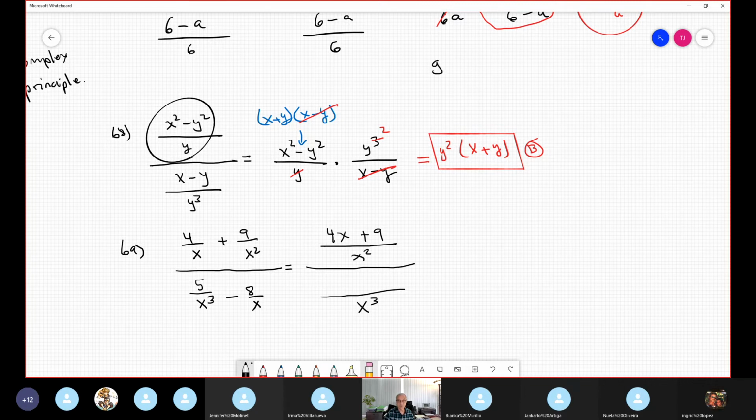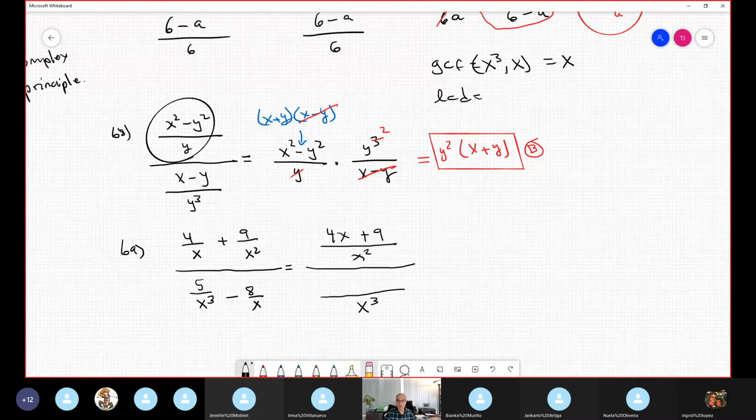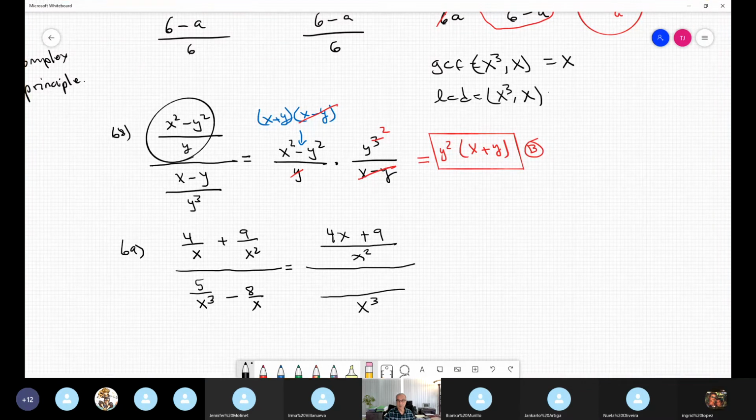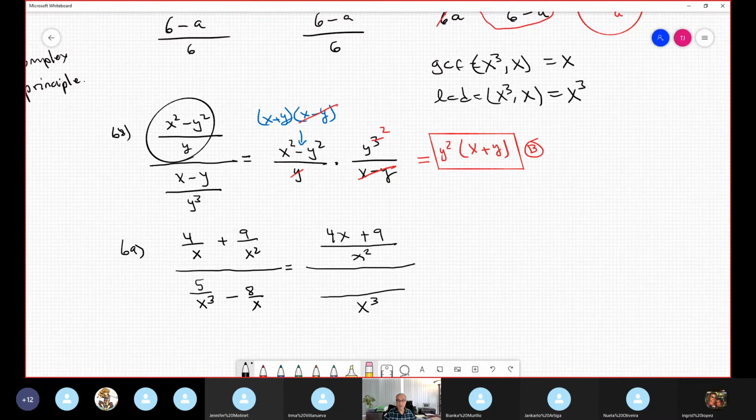For example, the GCF between x cubed and x is x, you take the smaller exponent. The least common denominator between x cubed and x is x cubed, you take the bigger exponent. Completely opposite idea. So 5 minus 8x squared.